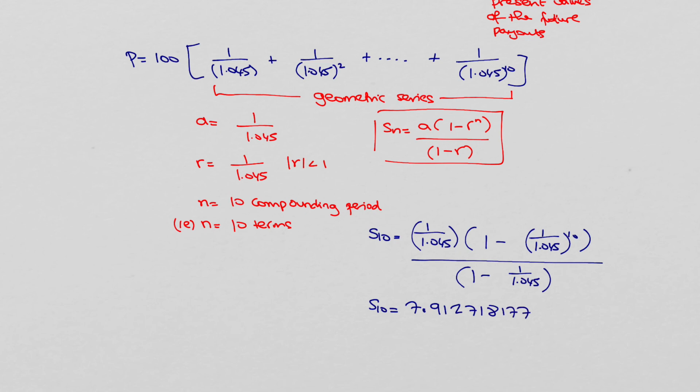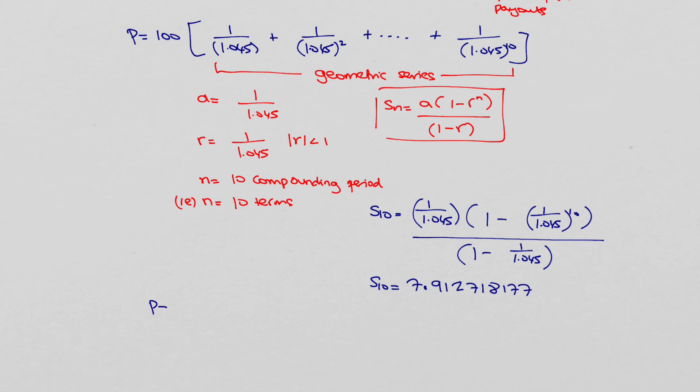And then, of course, I now have to find out the sum of those present values by multiplying by 100, which gives me a present value of all of those future payments of €100 to amount to €791.27.